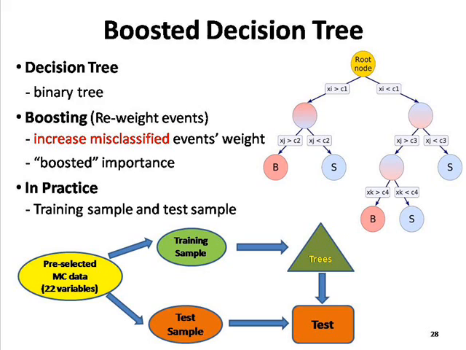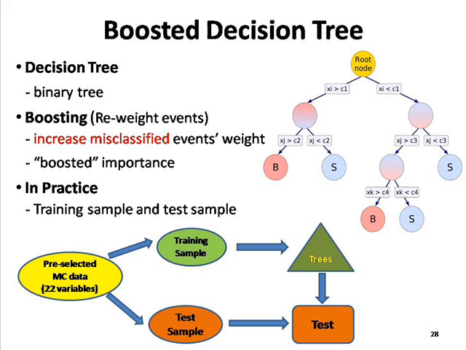So what we do is increase the weight of these misclassified events. We want to boost their importance, because they are not that obvious and not that important, to make them go the right way. So that's basically what we want to do.